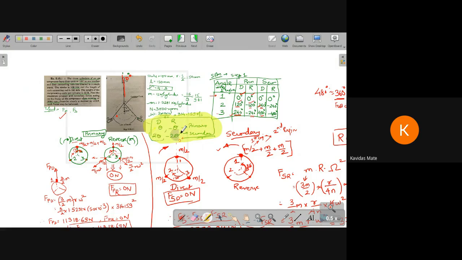For direct primary it is theta, for reverse it is minus theta. For direct secondary it is 2 times theta, for reverse it would be minus 2 times theta. So once you get these values, start looking at this particular engine and see, if I assume this as a reference line with 0 degrees, then theta is 0, minus theta is 0, 2 times theta is 0.